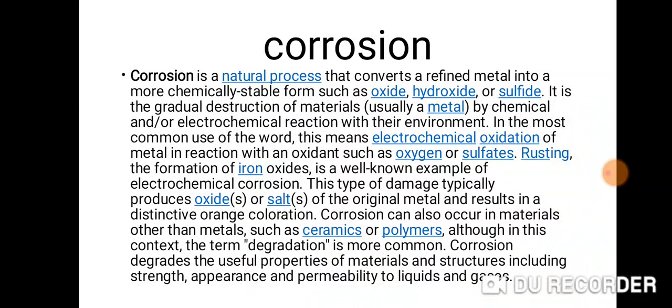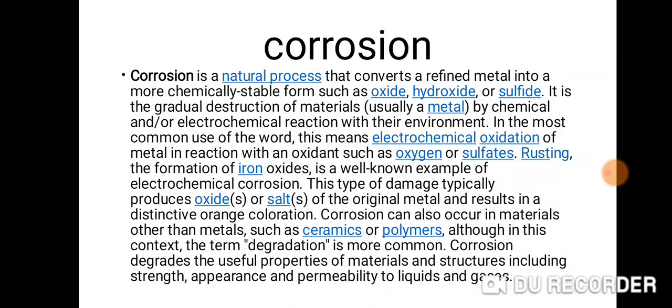Corrosion. Corrosion is a natural process that converts a refined metal into a more chemically stable form, such as oxide, hydroxide, or sulfide. It is the gradual destruction of materials by chemical or electrochemical reaction with their environment.